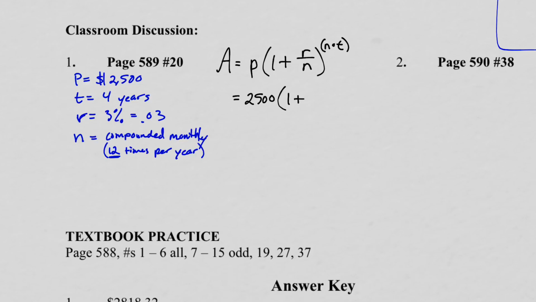The rate is 0.03. The number of compounding periods is going to be 12 in a year, so it's going to be divided by 12. And then that's going to be 12 times 4 years.